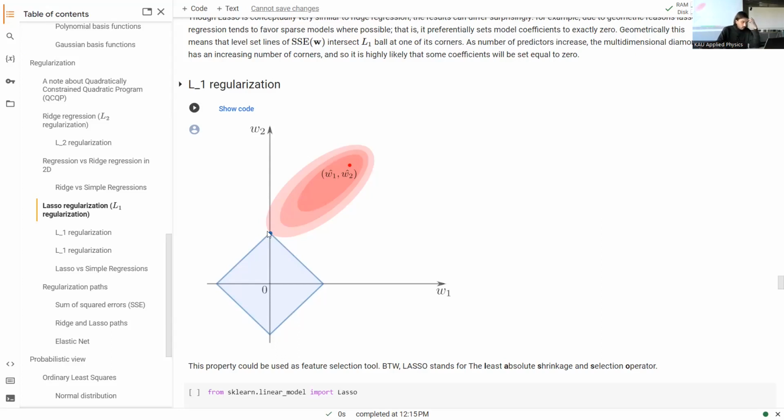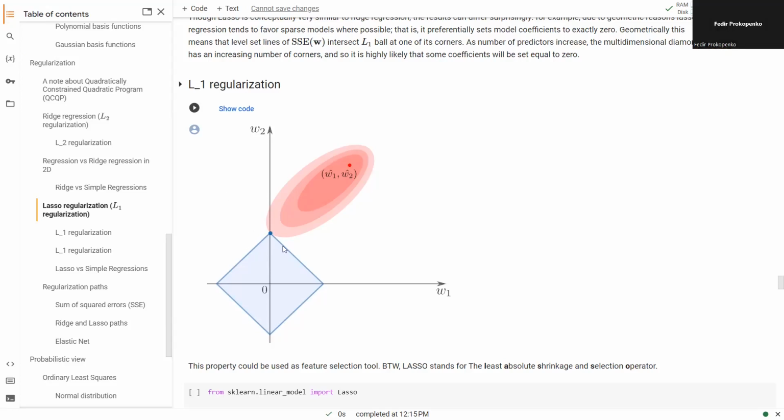The interesting thing I want you to think about is, what is so special about these corner points? What's so special about them? The derivative is not well defined. Yes. What else? Where do they lie?